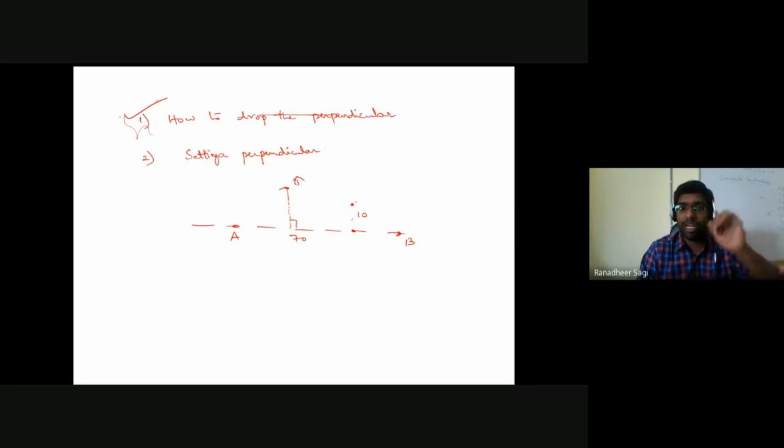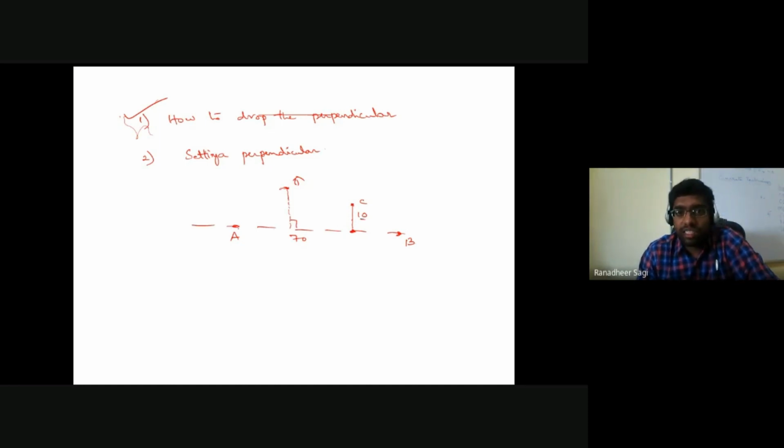I am required to locate a point. Let's say I am required to locate the position of point C. Now, if I am required to set out the position of point C in the field or anywhere in the map, what I should first understand is that at a chainage of 70, I am required to draw a perpendicular line with an offset distance of 10 meters.